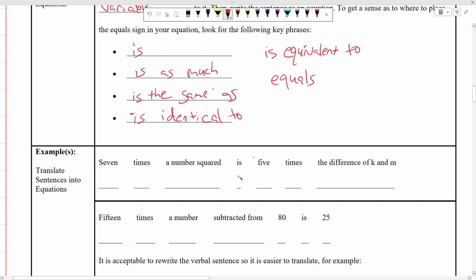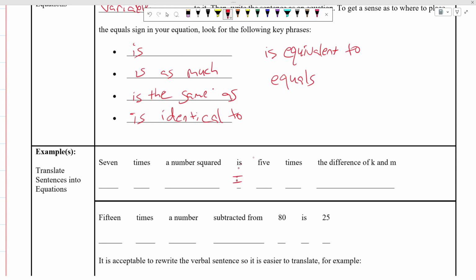I just said I tend to look for the indication as to where my equal sign will be, words like "is" or "is as much as." So I found it right here. In this little phrase, this is where my equal sign is.